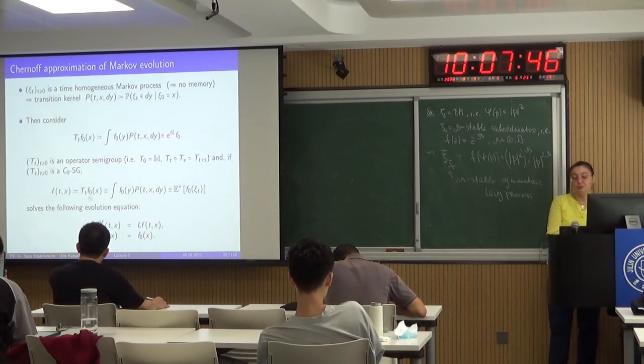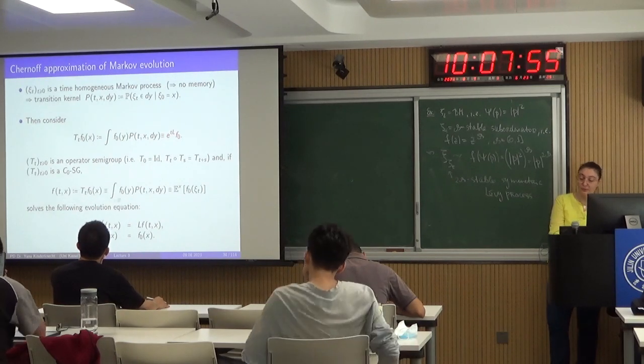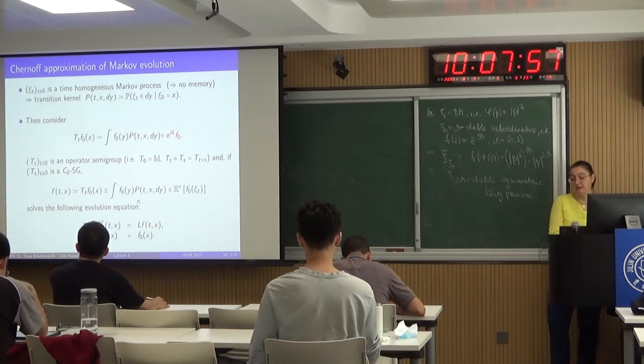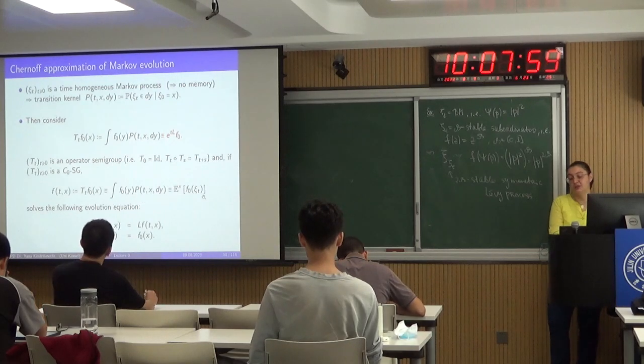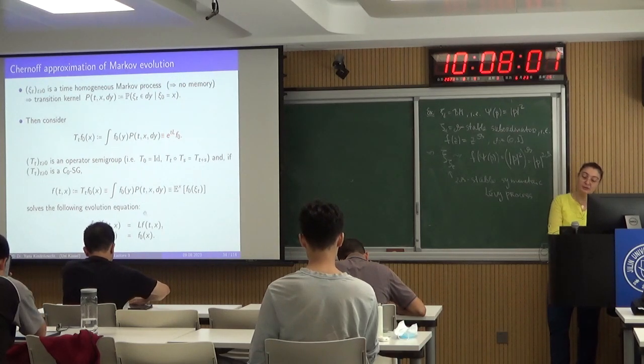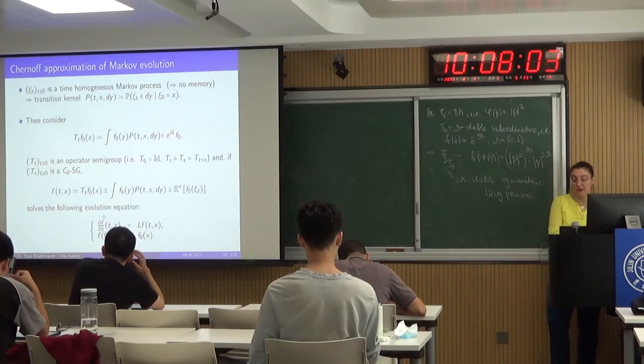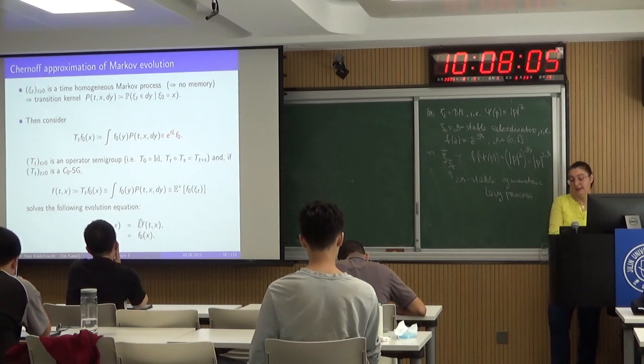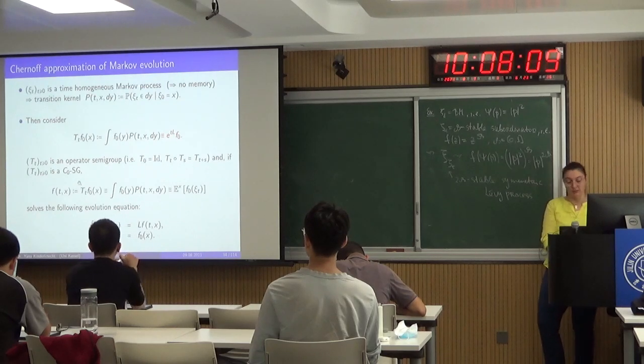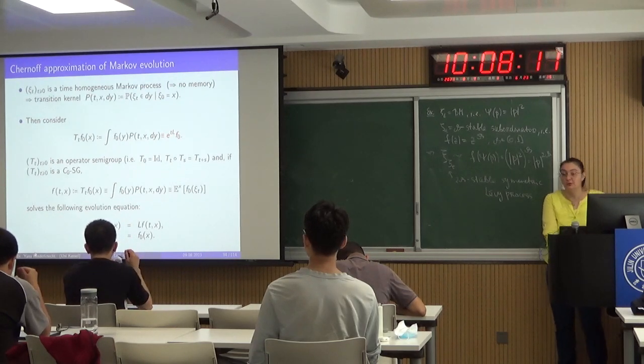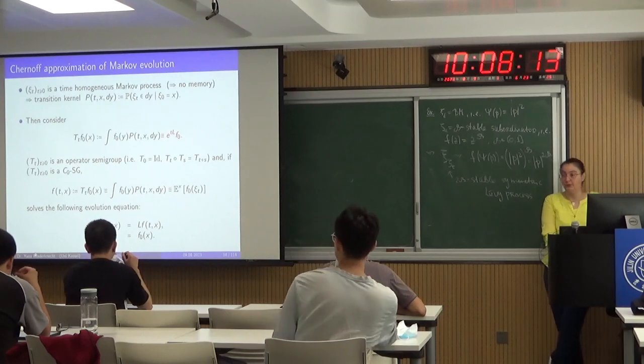If this semigroup turns out to be strongly continuous in some reasonable Banach space, then the function given by means of this semigroup, on one hand has this stochastic representation, and on the other hand solves the evolution equation with L here, which is the generator of this strongly continuous semigroup. All this we discussed already in the first lecture.